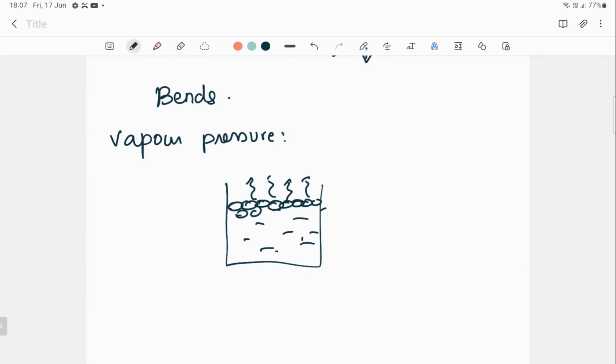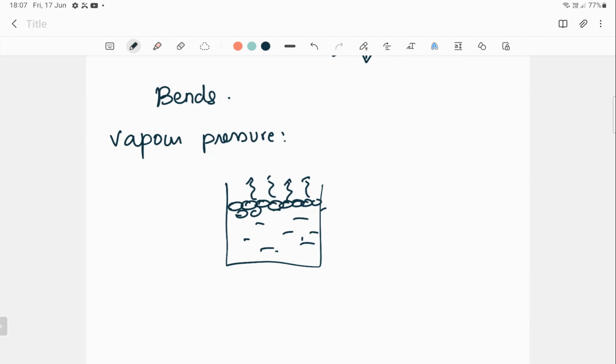At one point, equilibrium takes place. Equilibrium means the amount of liquid converted into vapor and the vapor converted back into liquid are the same. That's why your liquid level remains constant here.